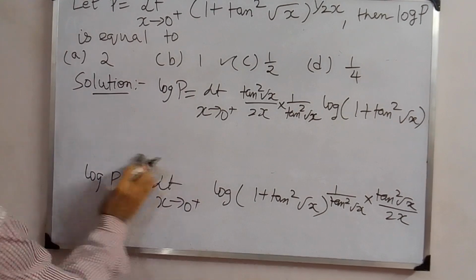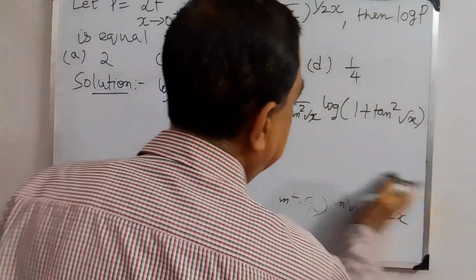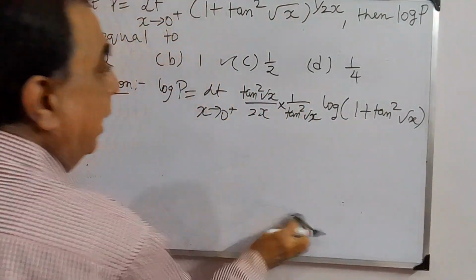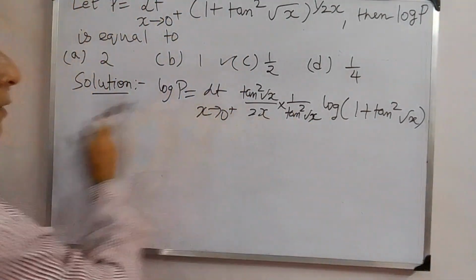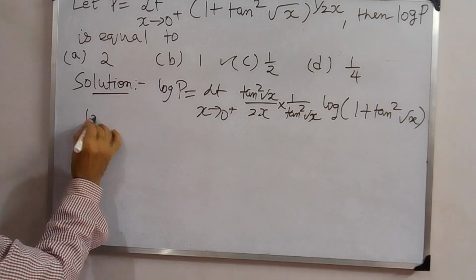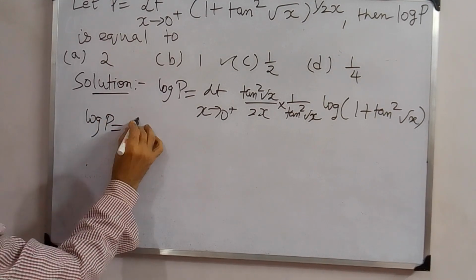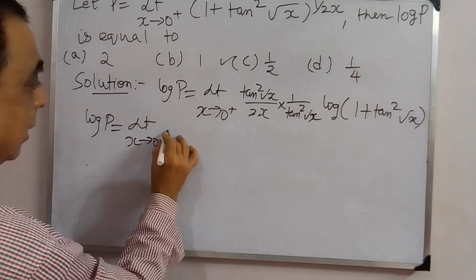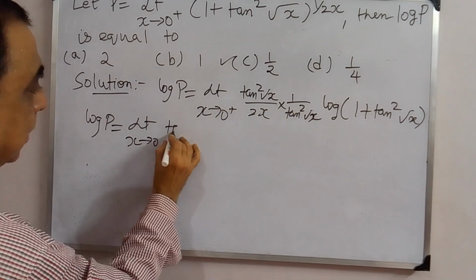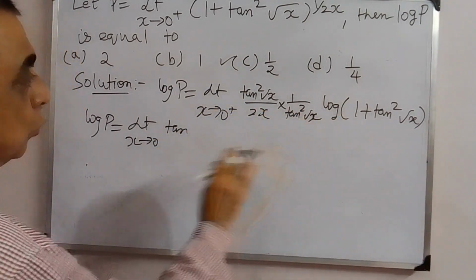Now see what we are doing. Here I will write this as the base of this, and this I am writing separately. So log p becomes the limit as x tends to 0, and I am breaking this limit into two limits.